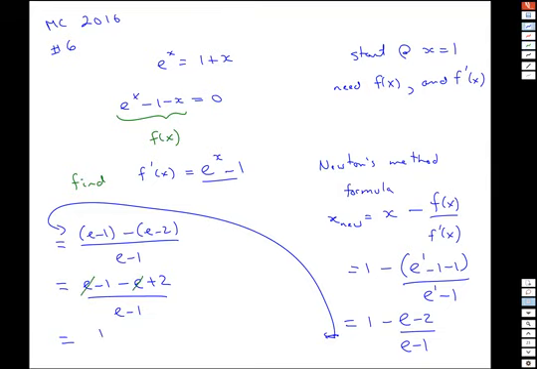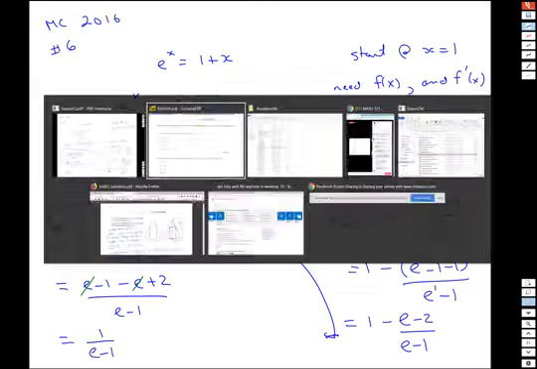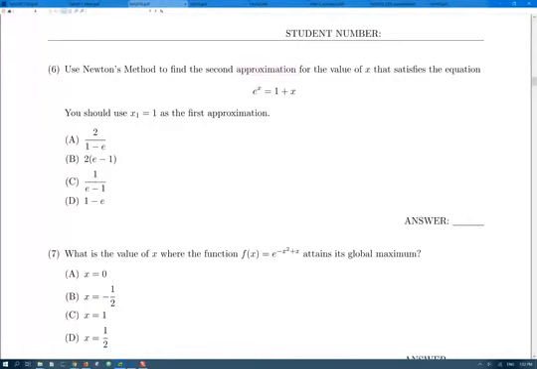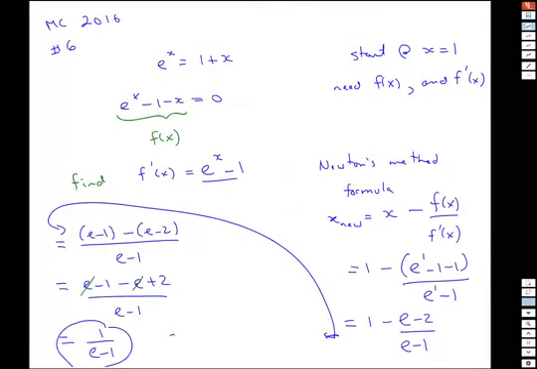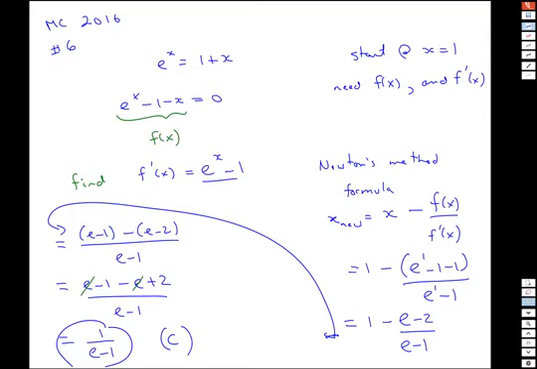We end up with just plus 1 on top. And I think that was answer D. Oh, C. There we go. 1 over e minus 1, which was C. So I think it was just a question of simplification after that point. Let me know if you have any follow-ups on that one, or if that made sense.